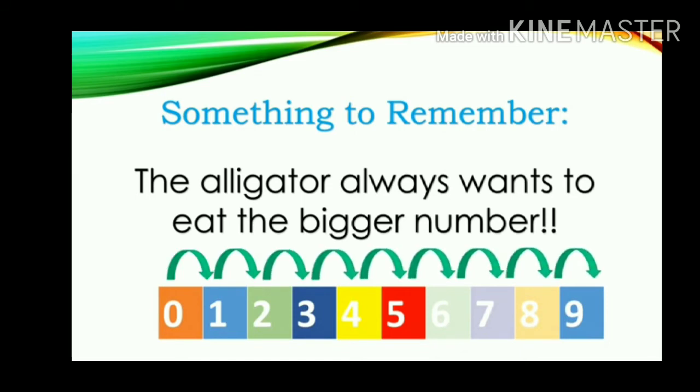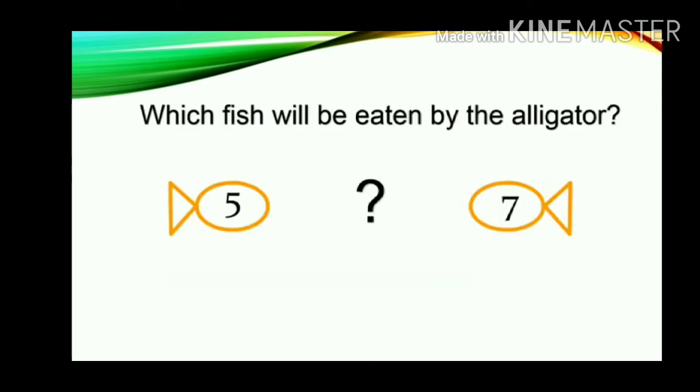1, 2, 3, 4, 5, 6, 7, 8, 9, 10. So which fish will be eaten by the alligator? Which is the big number? 5 or 7? Which is the greater number, meaning big number? Yes, 7 is bigger than 5.